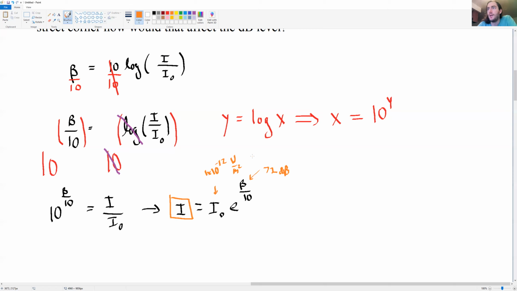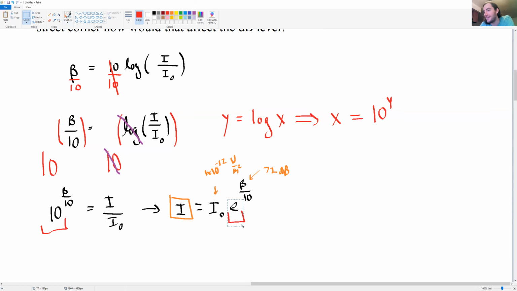Okay. And so when we plug all of this in, we have, basically 10 to the minus 12 times E. Oh my God, I made a big mistake, didn't I? Where's my mistake? How come nobody said anything? Look at this. I totally changed. I went from 10 to E. Let's fix that real quick.